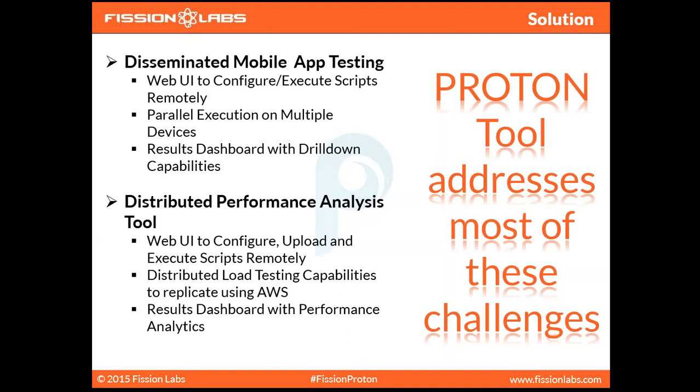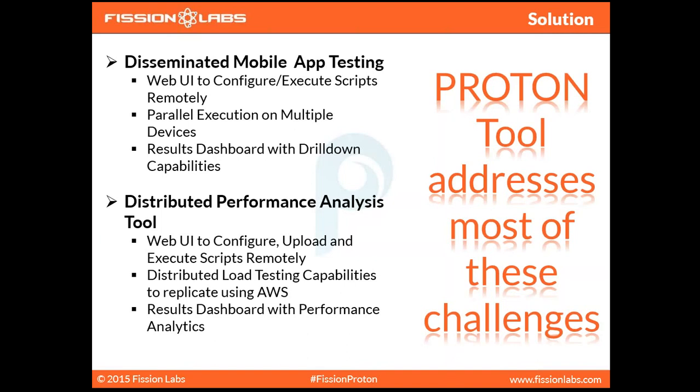Some commercial tools are available, but most of them are deficient from one point of view or the other. So here we came up with a solution focused on reducing the execution time of testing native Android applications on multiple devices and multiple versions of the operating systems.